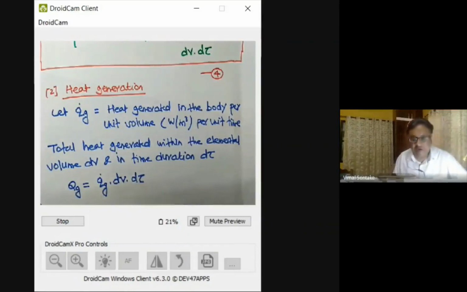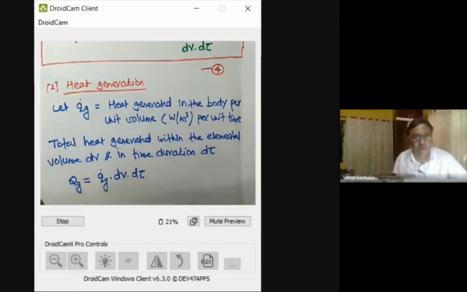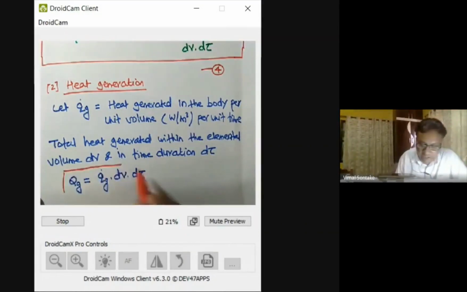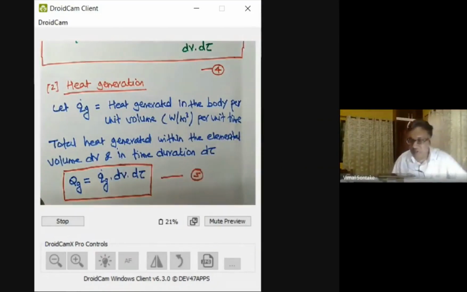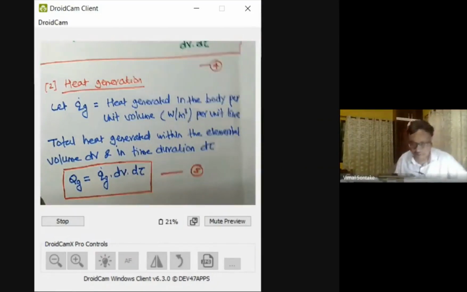Now it will give me the amount of heat, that is joule. So this much will be the amount of heat generated within the control volume in time d tau. Let's say this equation is equation number 5.